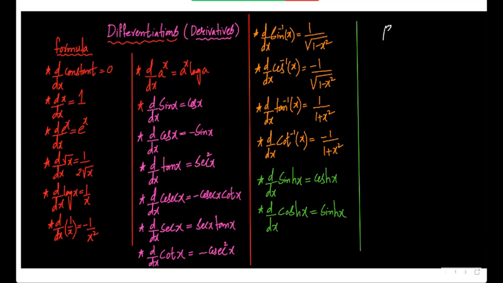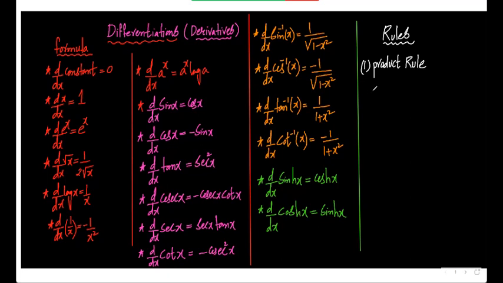If you have two functions and we have to differentiate both, then we apply rule number one, the product rule.